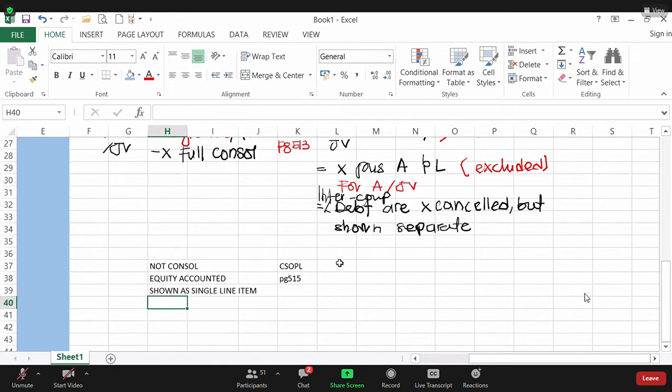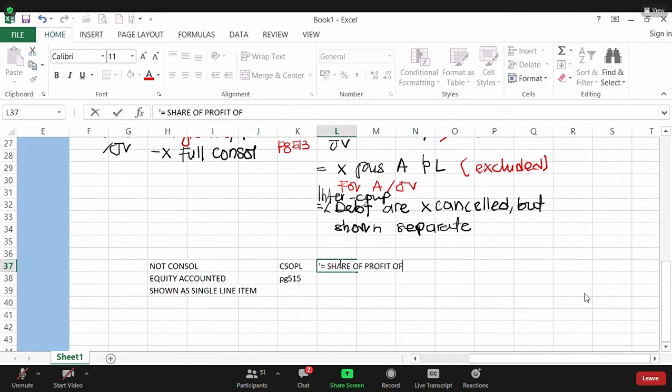So you're going to disclose in our SOPL as share of profits of associates or JV. So you're going to put this account in the financial statement.